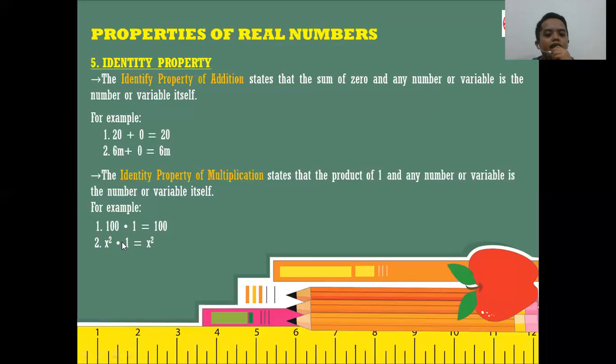Again, this 1 is your multiplicative identity. So if the board exam asks, what is the multiplicative identity of 100? The answer is 1. And for sample 3, the quantity of 4 times 1/4.